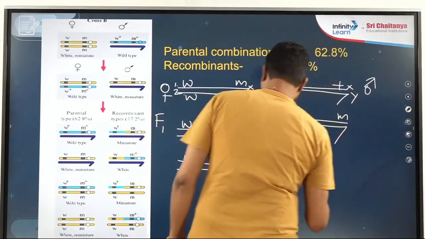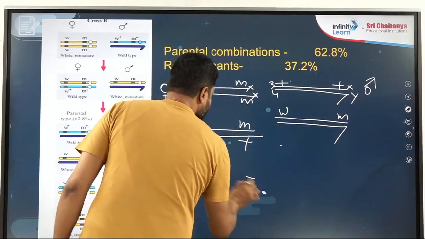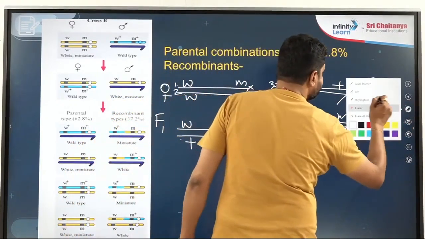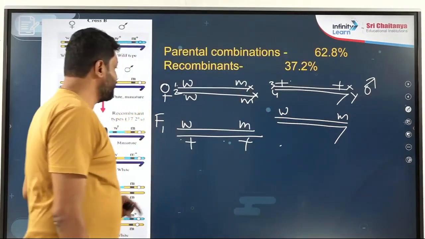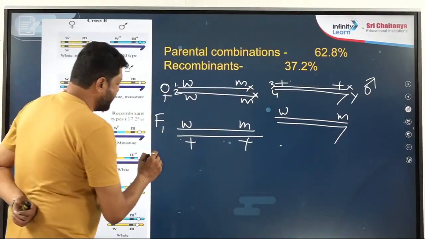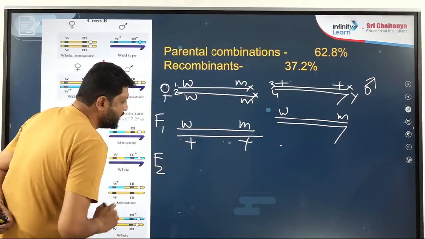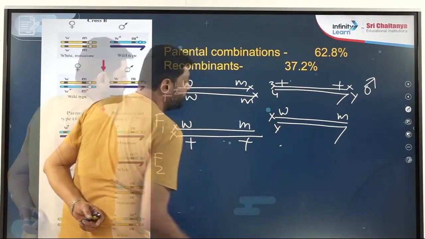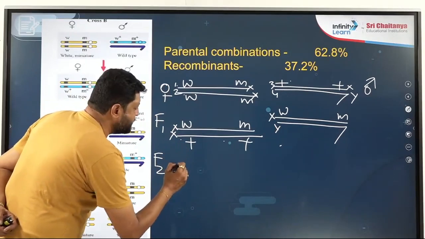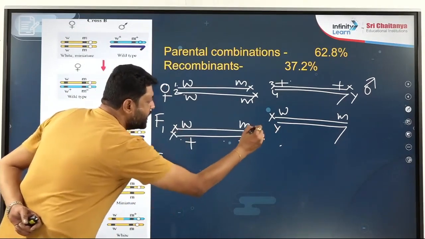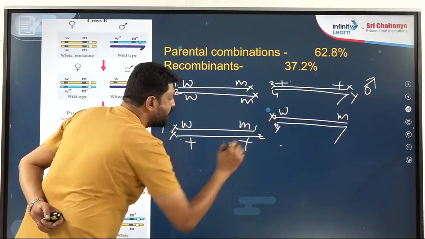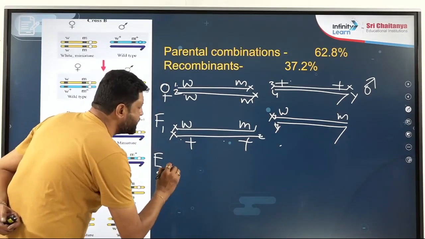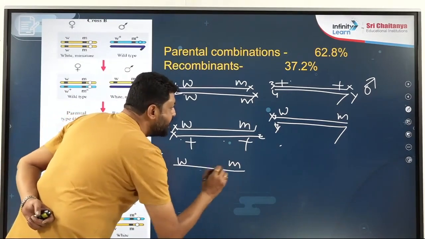So we have taken the F1 generation. Now make the F2 generation. X, Y. Make the first female: this one X, 1, 2, 3, 4. I would like to have a combination of 1 and 3: white miniature.